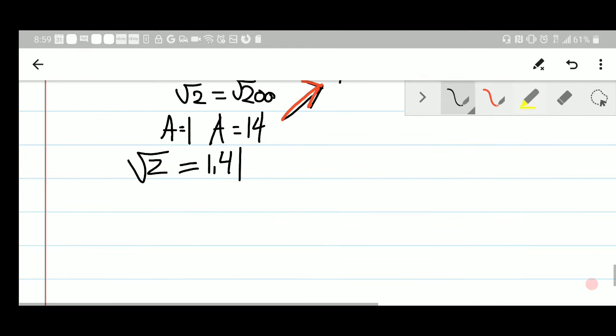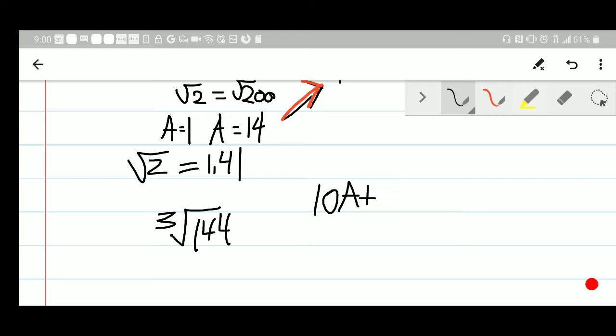And as a bonus, we can go down. You can take the cube root. I'm not going to do it here because my time is running out. You can take the cube root of 144, but what you would have to do, you'd have to say 10a plus b cubed equals 144.